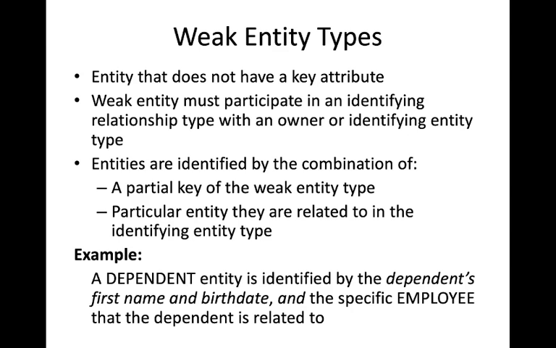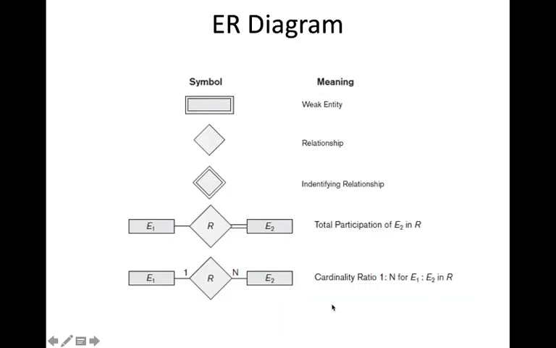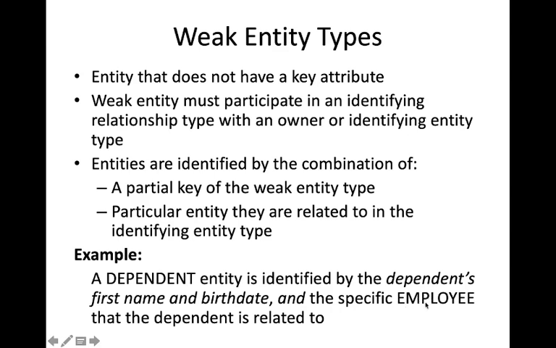If we take a combination of first name and birth date, there can still be the same values, so this combination cannot uniquely identify a particular dependent entity. So we take a combination of first name and birth date, and additionally we use the employee entity also. We will use the employee SSN or some value from the employee entity.